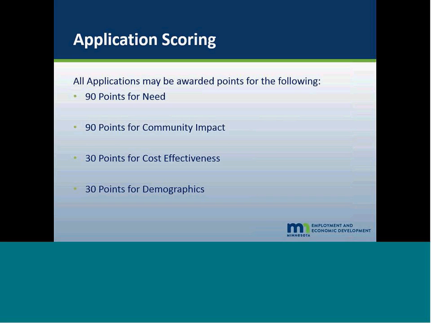Scoring is key to a successful grant. There are 240 points broken down into four categories: 90 points for need, 90 points for community impact, 30 points for cost effectiveness, and 30 points for traffic.